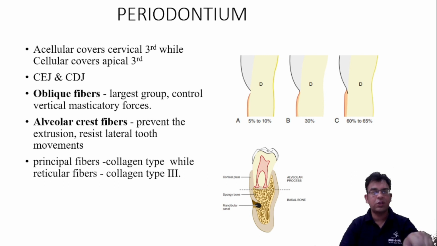And again, like I was telling you, in gingiva the fibers are different, while in PDL the principal fibers are type 1 and the reticulum fibers are type 3. Then which elastic fibers are present in periodontal ligament and which elastic fibers are present in gingiva? That also you have to look at. Then bone, alveolar bone. Alveolar bone is very, very important.